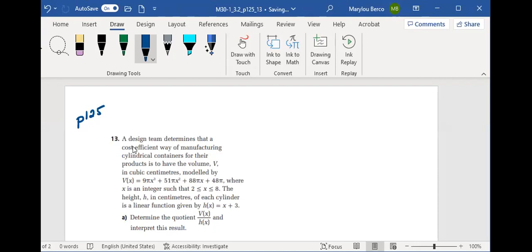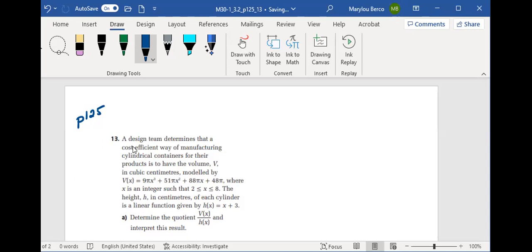The height h in centimeters of each cylinder is a linear function given by h of x equals x plus 3. Determine the quotient V of x divided by h of x of that expression and interpret this result.